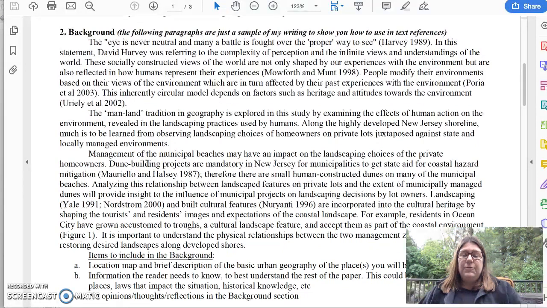Each paragraph throughout your paper should have 2 or 3 sources within the paragraph, and different sources. If you cite the same source over and over again within the same paragraph, that's a weaker paper. That's not a high-level college paper.